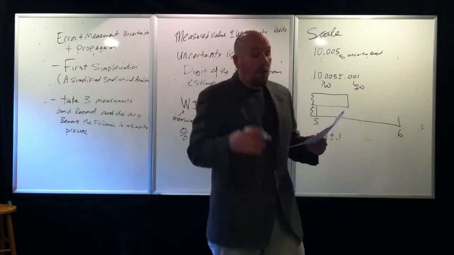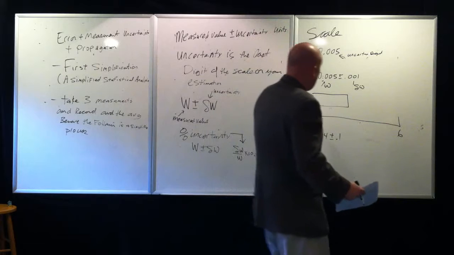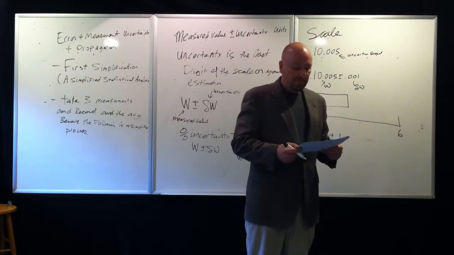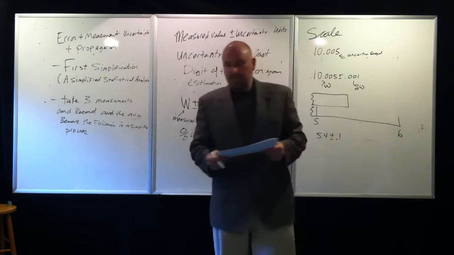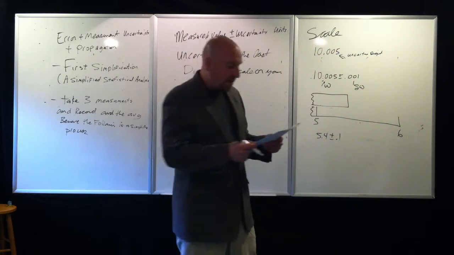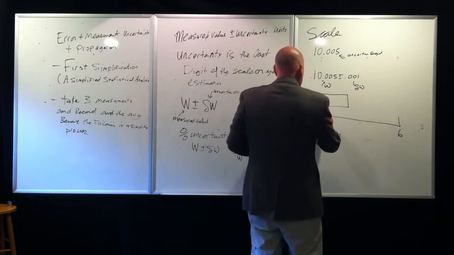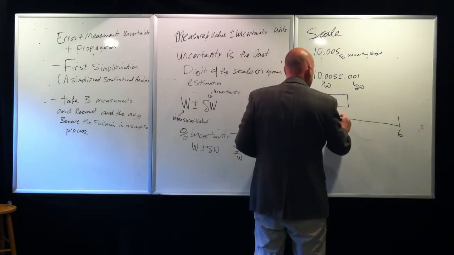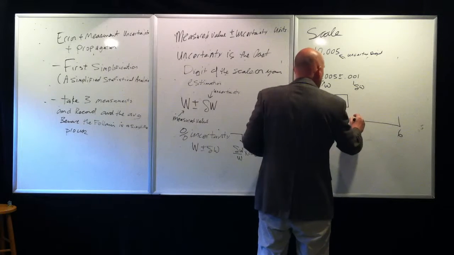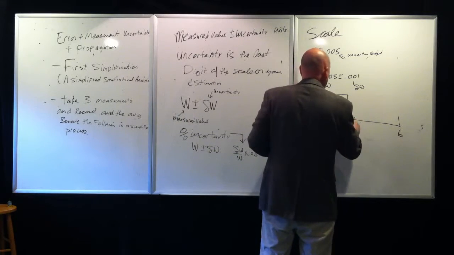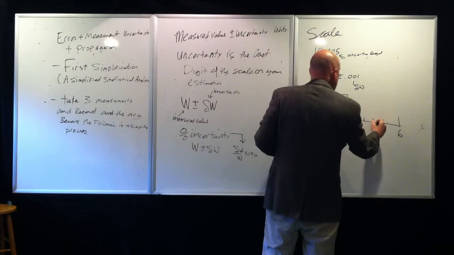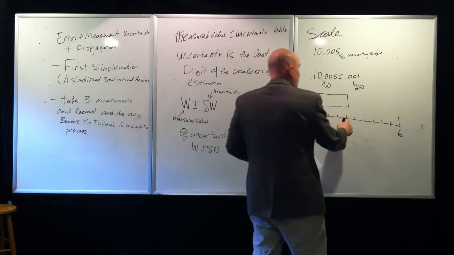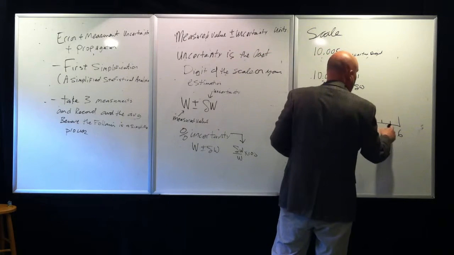That's going to be 1. You estimate 1 better than what's on the device. Well, let's say your scale is a little bit better. Let's say you have 0.1 marks: 0.1, 0.2, 0.3, 0.4, 0.5, 0.6, 0.7, 0.8, 0.9.